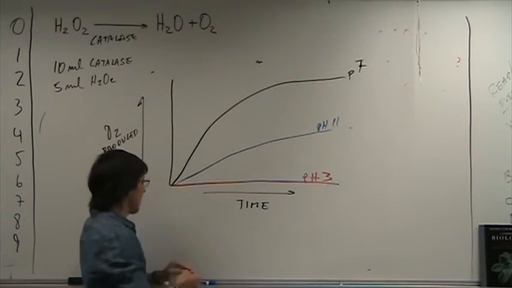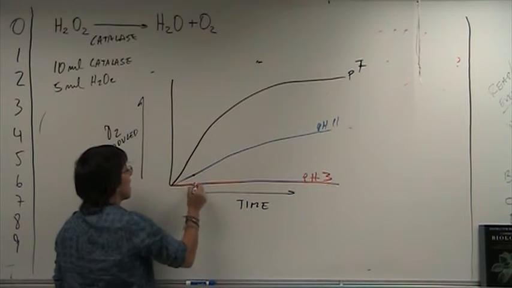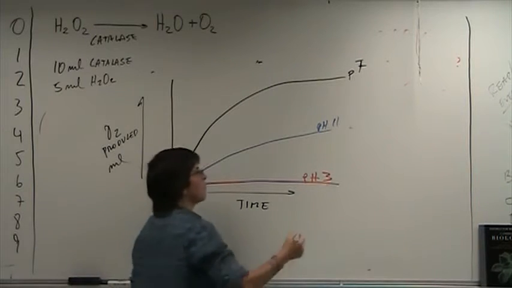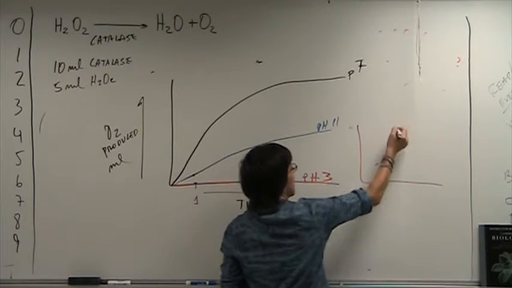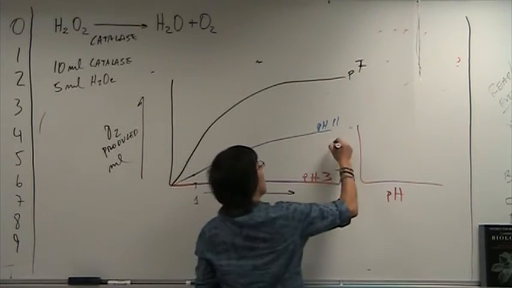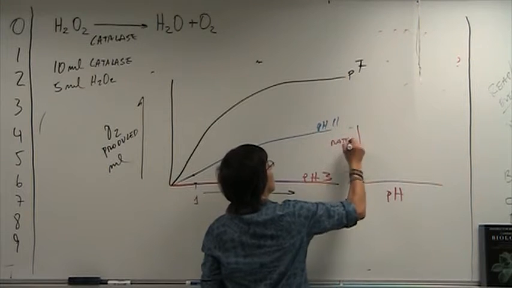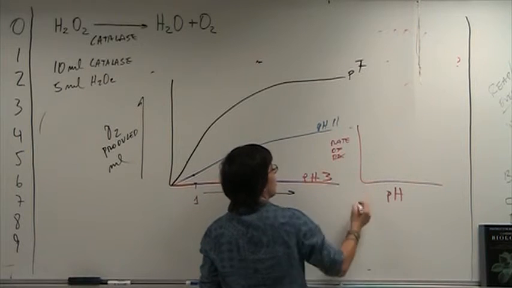With this data, again, you're going to calculate for minute 1 here the rate of reaction, and you're going to plot the rate of reaction again for those 3 pH in a rate graph with pH here and rate of reaction in the first minute over here.